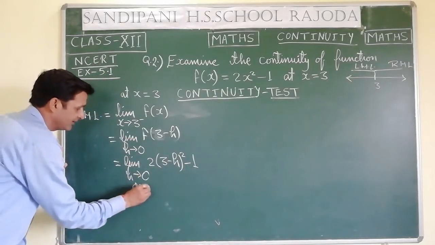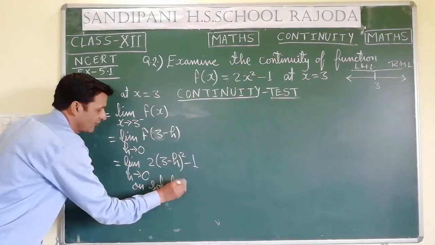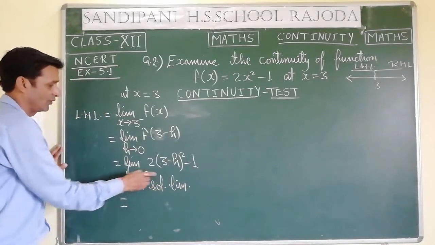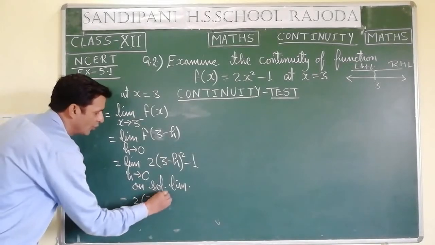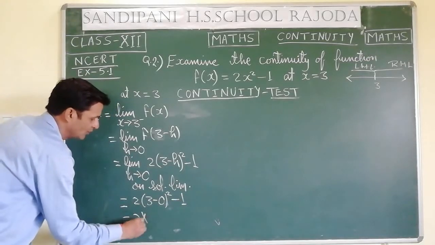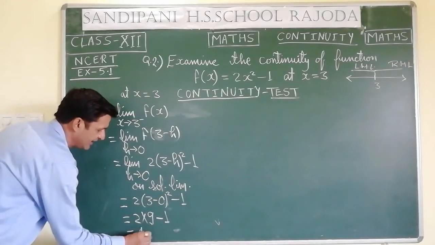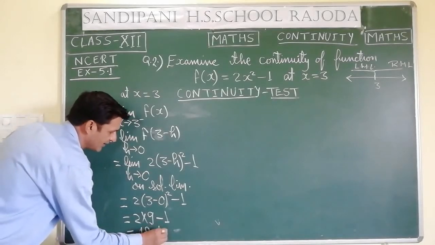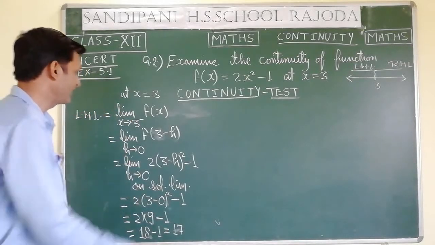On solving the limit we have to put 0 in place of h. So it will be 2 into 3 minus 0 whole square minus 1, that is equal to 2 into 9 minus 1, that is equal to 18 minus 1, which will be equal to 17. This is our left hand limit.